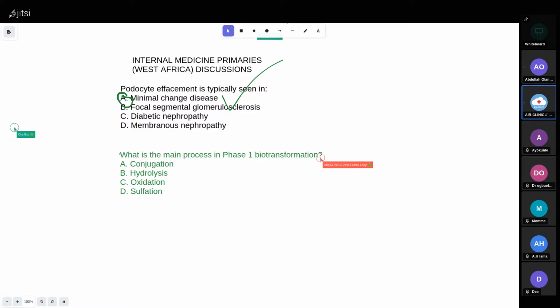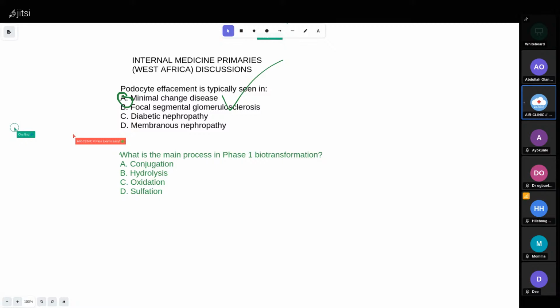Attempt the question, guys. Let's move now. Oxidation. Option C. Oxidation, sir. Okay, hold on. So the question, let's attempt it.